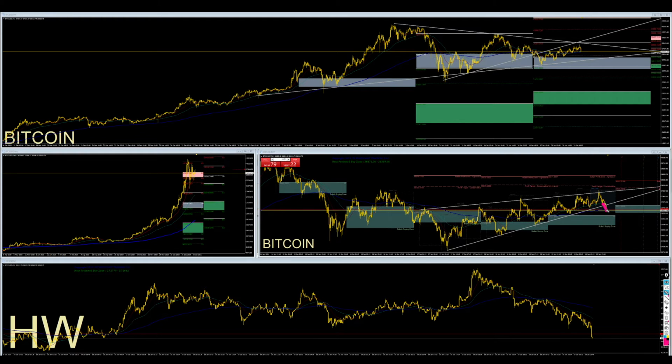And in a couple of minutes it will be confirmed, and I think the target on this should probably be the bottom right here at the bottom of this triangle.